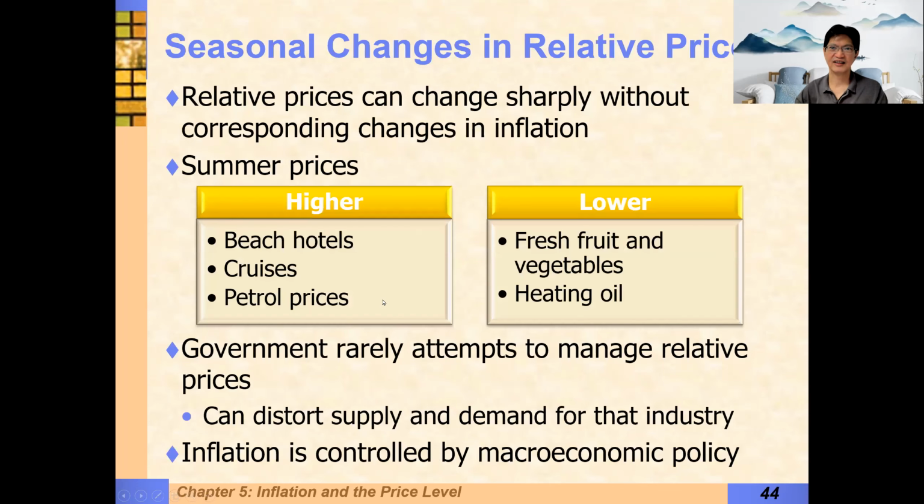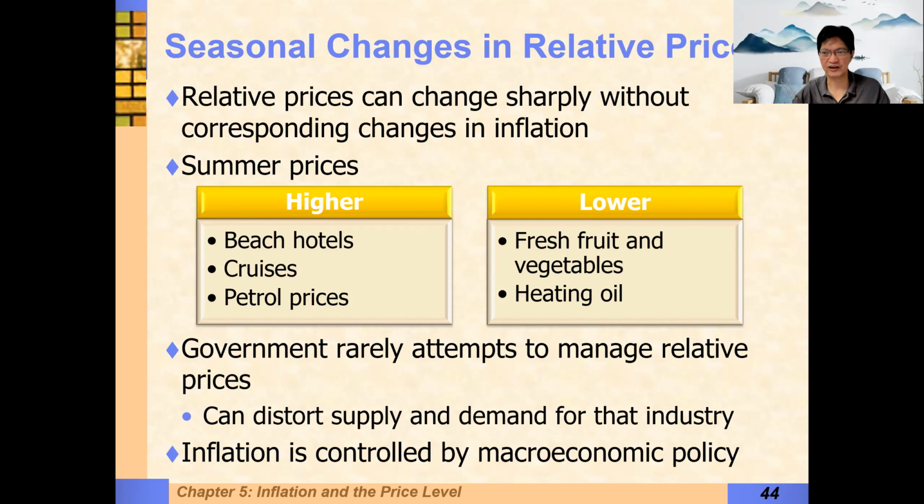All right. So again, what's not inflation is when prices are going up or down because of market conditions. Sometimes prices go up more in the summer because demand for certain products is higher. And they might go down again in the winter when demand for those products falls. Prices can be very seasonal, going up or down depending on summertime or wintertime. Again, not inflation.